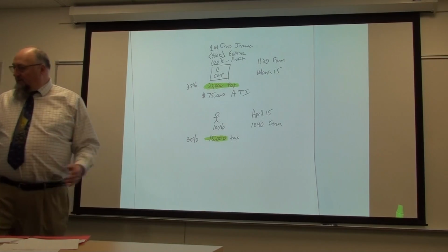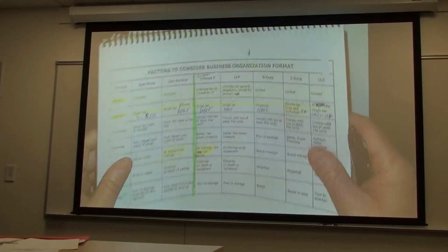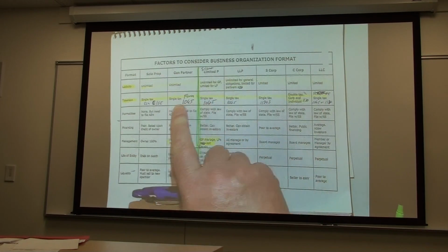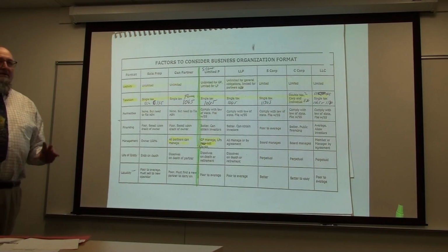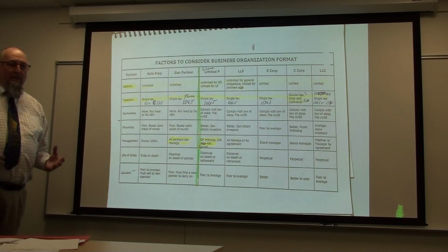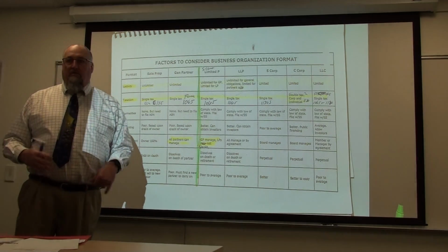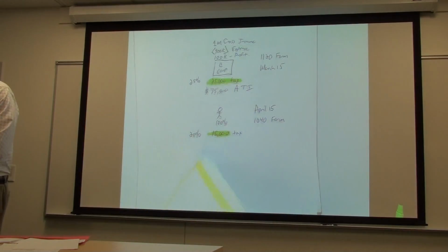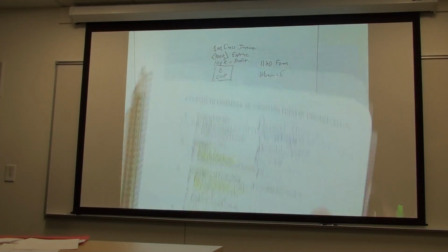The rest of the entities, I have single tax over here. That means those entities are what we call a pass-through entity. You may have heard that term before. I have that written out here, page 6.